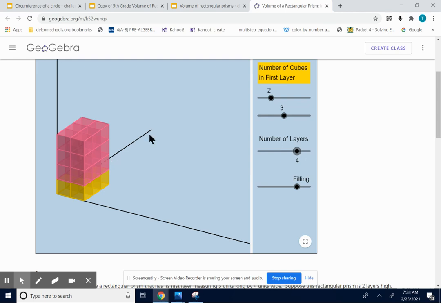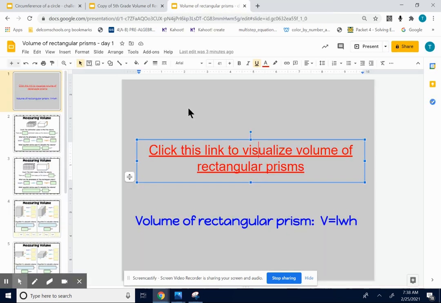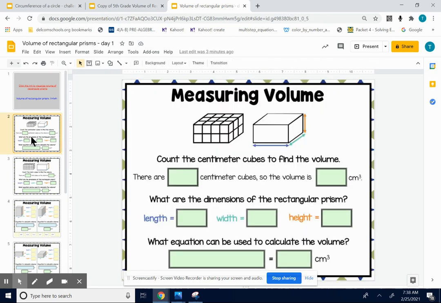So just play around with that a bit. Here's the volume of a rectangular prism on your screen: volume equals length times width times height. Let's just look at a slide or two, and you can tell me if you have questions on this, if you're at home.